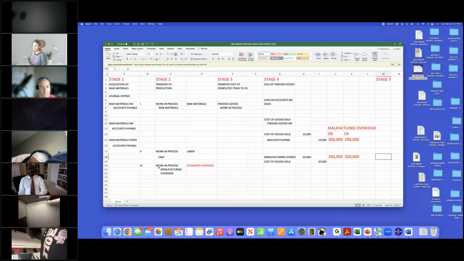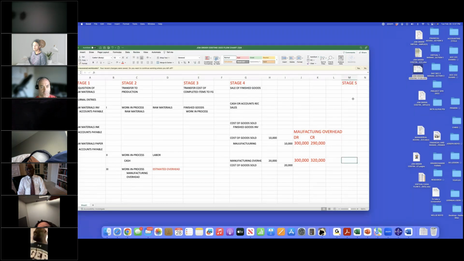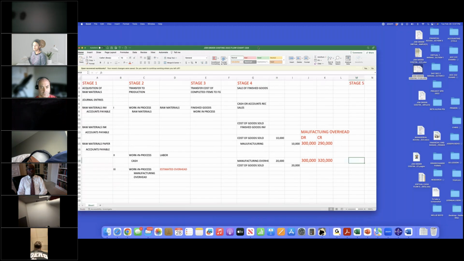When the actual overhead comes in, we have to compare actual with estimated, and we'll talk about that today. And then stage five are the general and administrative journal entries that you're familiar with from Principles One, selling and administrative expenses and dividends. So this is how we're moving across.